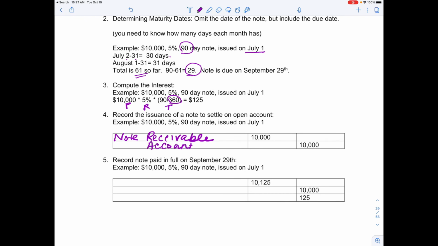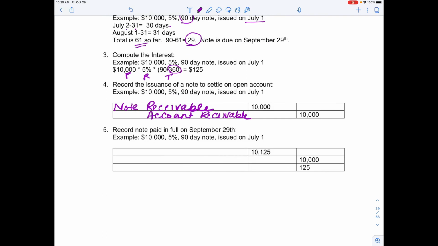This sets up that note receivable and eliminates that account receivable. And then when we go ahead and make that payment on September 29th, we will receive cash. Notice that the cash amount is for both the principal and the interest that's due.